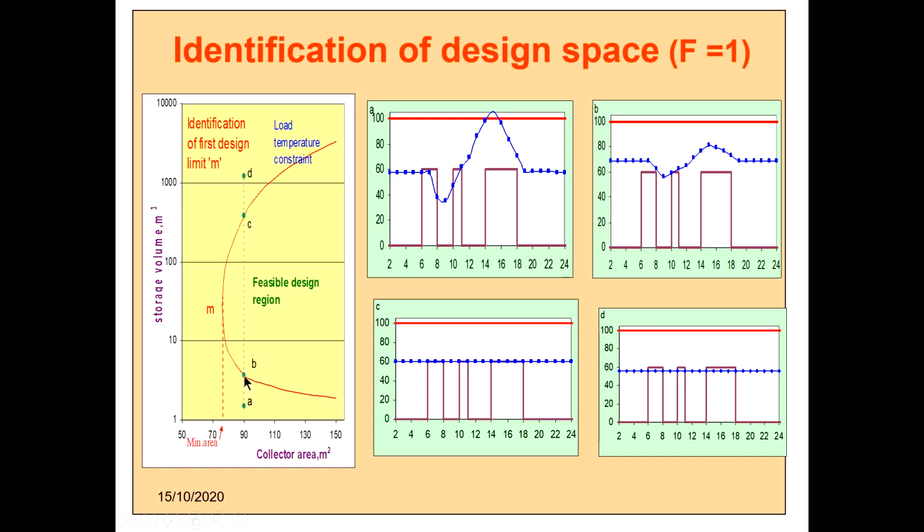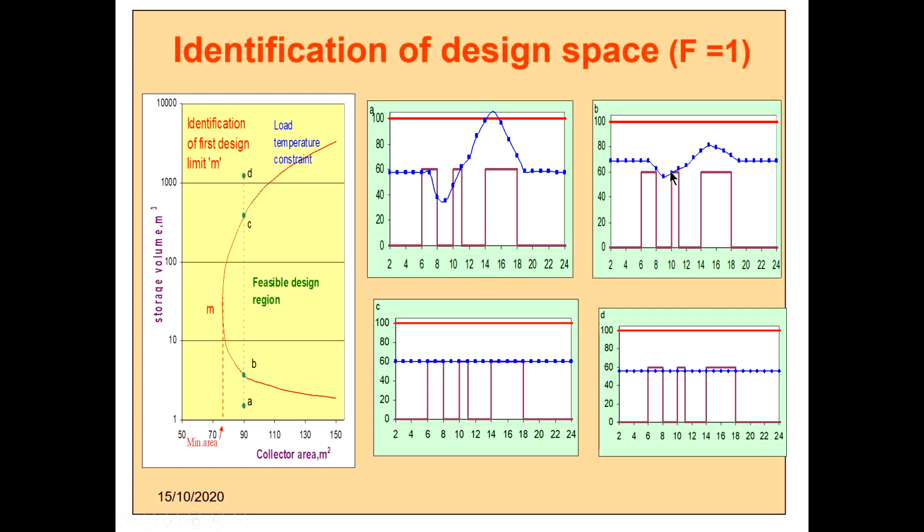Then I move up to point B. I will go on searching; keeping the collector area the same, I am increasing the storage volume here. If I take this B point, what is the storage temperature profile? When demand is there, the storage temperature is higher than 60 degrees Celsius.